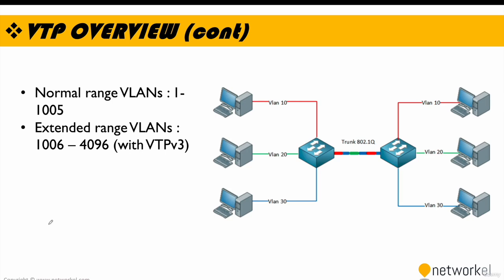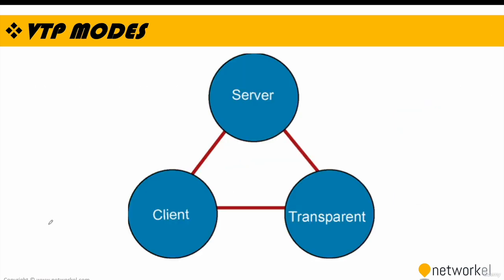You can propagate the normal range VLANs, which are between VLAN 1 and 1005, with the VTP protocol. But if you want to propagate the extended VLAN range, which is between 1006 and 4096, you need to use VTP version 3.